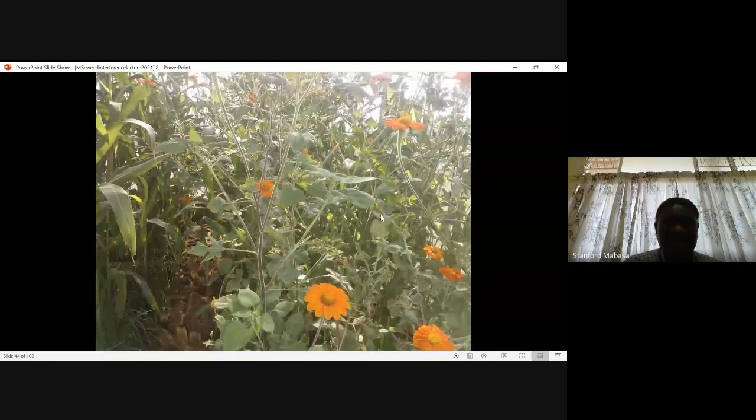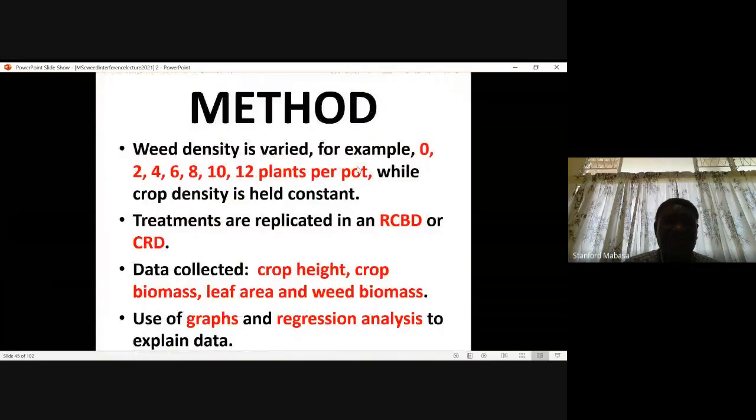Again, this is a wild red sunflower. You may not see the maize, it's there. And you can see this is actually competing for light in a maize crop. So let us look at the methods.